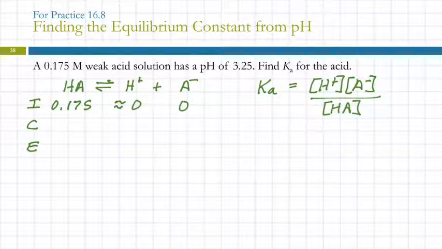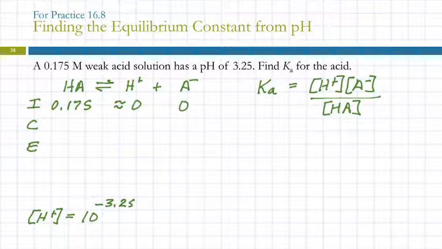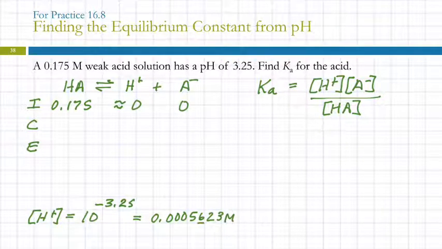What is that pH telling us? The hydrogen ion concentration. Hydrogen ion concentration equals 10 to the minus whatever the pH is, so 10 to the minus 3.25. That's 0.0005623.